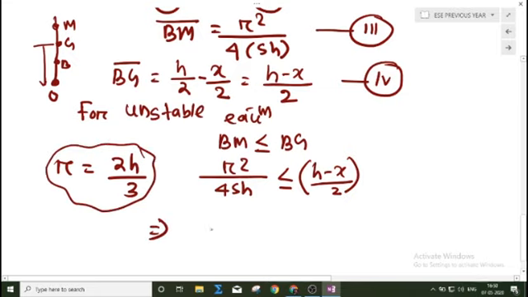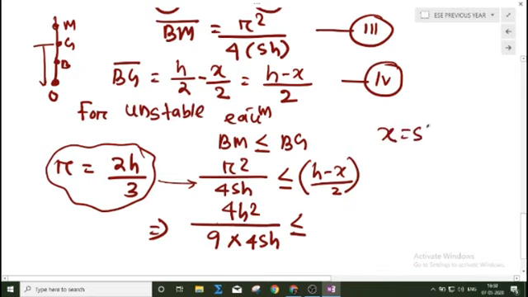So here I can put this r in this equation. R you put, this is 4h square divided by 9 into 4 s into h, less than or equal to, and already you know that x will be equal to s into h.